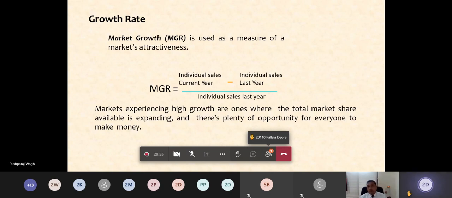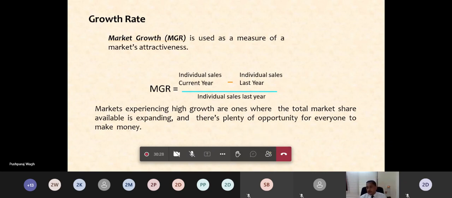This is one of the models put forth for analysis of a company's portfolio, and through that we will categorize the different business units or product lines of a particular company into 4 major categories, that is stars, question marks, cash cows, and dogs.